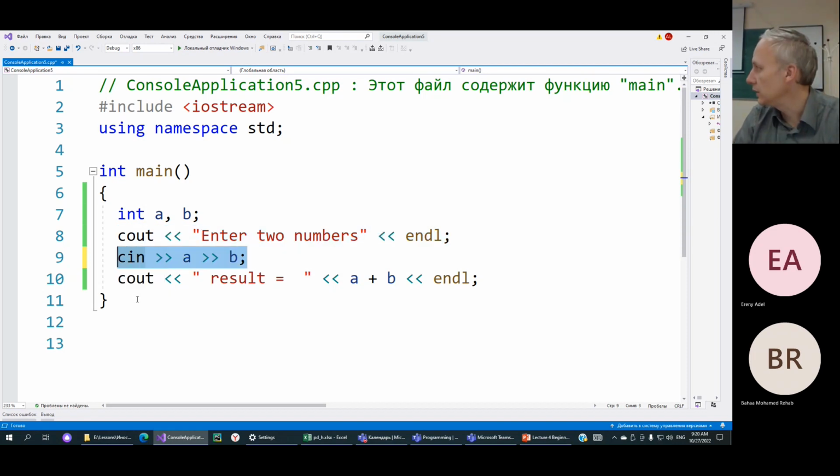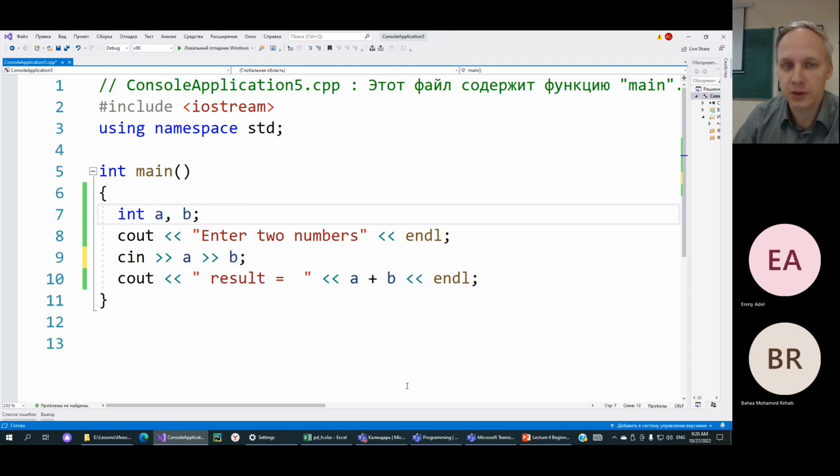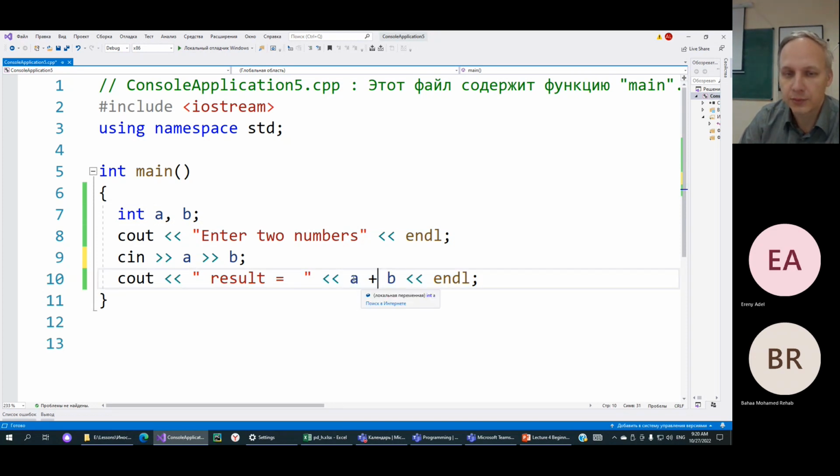And we use cin to enter numbers from the keyboard, and this simple program allows us to enter two numbers A and B and output the result of computation A plus B.